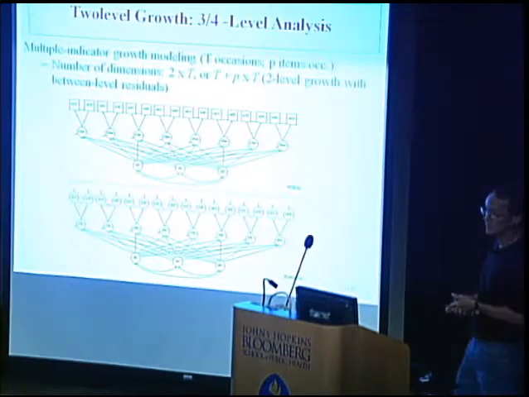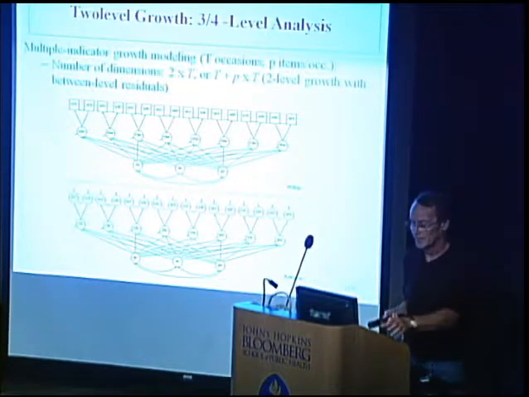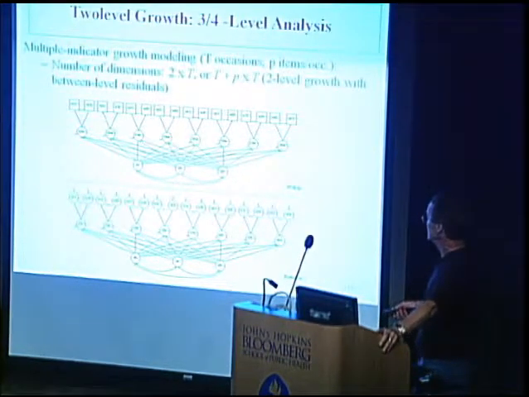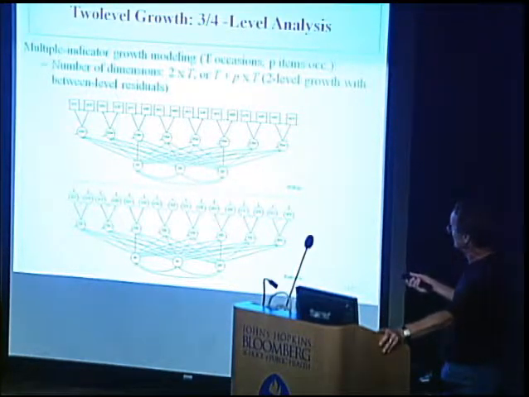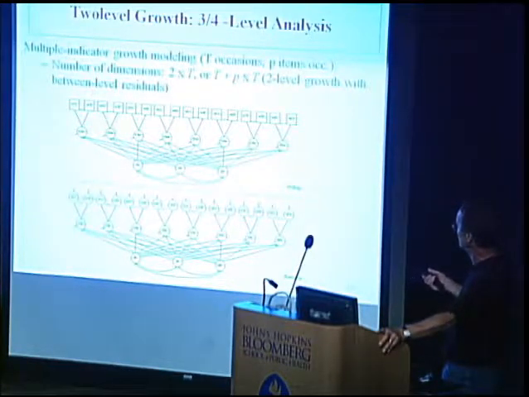This is actually, again, borrowed from the Hopkins study. So there's students within classrooms. Here you have the model Linda looked at, the multiple indicator model for 8 time points with 9 indicators per time point. So again, 72 observed dichotomous indicators.